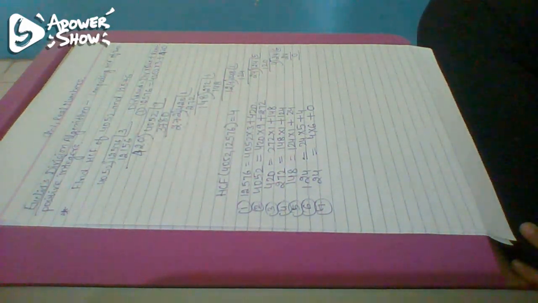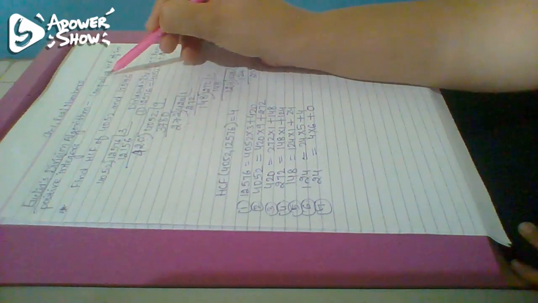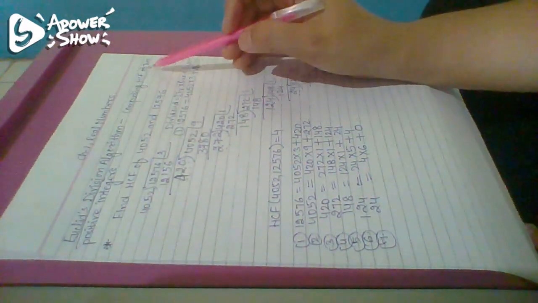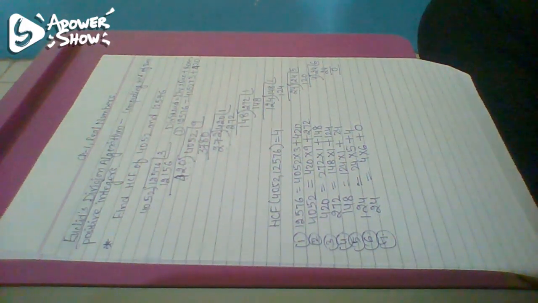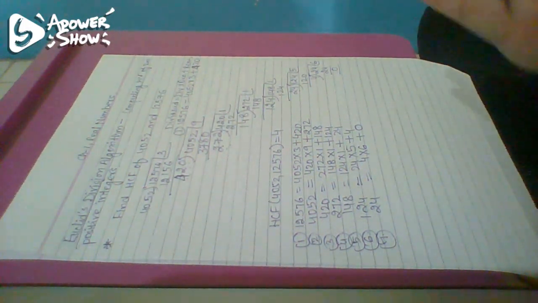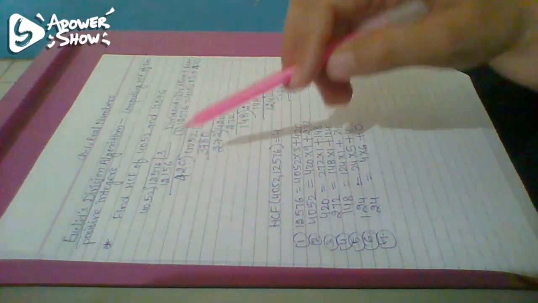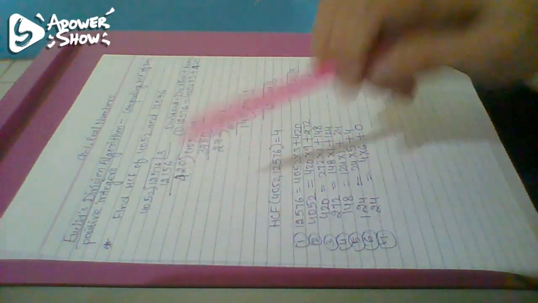So here our problem is computing the HCF of two positive integers, and we are going to compute it by following a well-defined step-by-step process. The first step is to divide 12,576 by 4052.